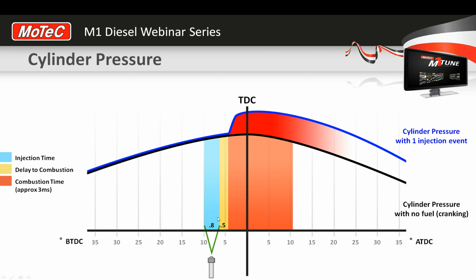So despite the fact that all the fuel is in the cylinder, it's not actually starting to burn yet. So we have a definite amount of time after the fuel is stopped and before we get our flame starting to occur. And again, this is just a representation to help you understand what's going on in there. And then obviously our red area here is our combustion time.